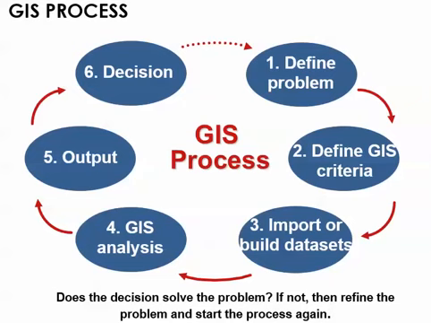We import and build data sets of information. We overlay those layers of information and conduct GIS analysis. We generate an output and we make a decision based on that process. Have we solved our problem? If not, then we refine the problem and start the process again.